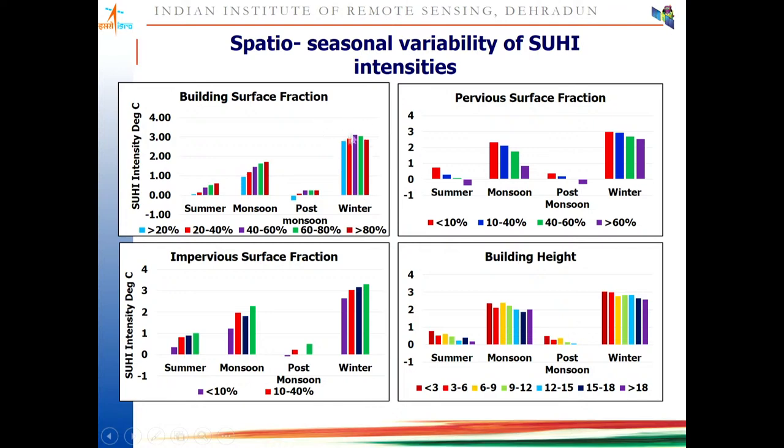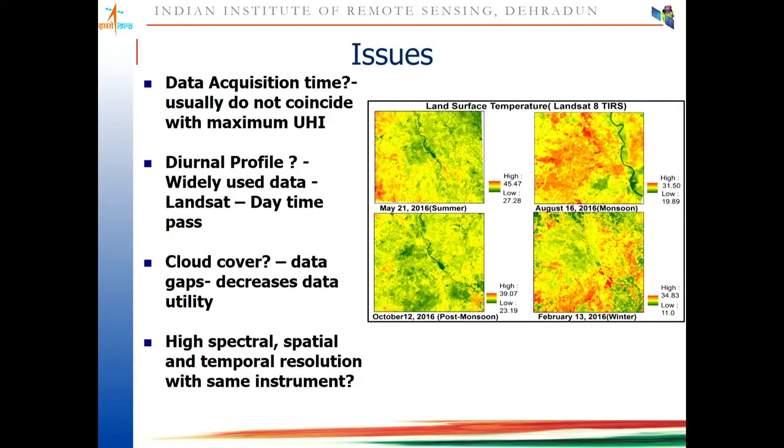However, in winter it has shown a little bit of non-linear relationship. Pervious surface fraction shows a strong negative correlation with surface urban heat island intensity. As pervious surface fraction increases, temperature reduces. Building height, as I have already shown, shows a non-linear relationship with surface urban heat island.